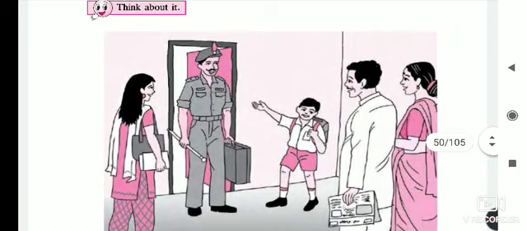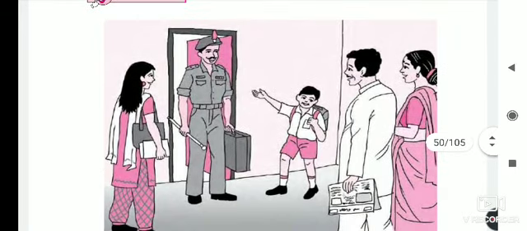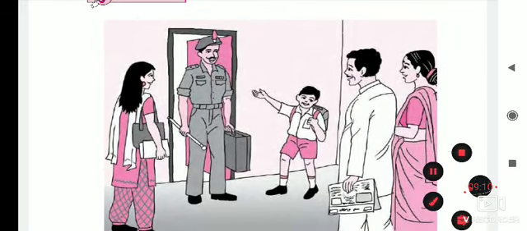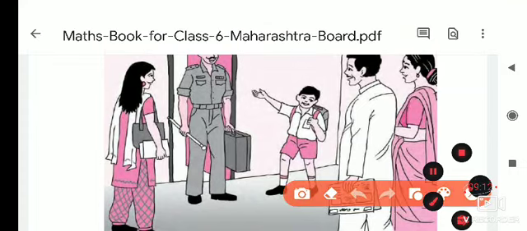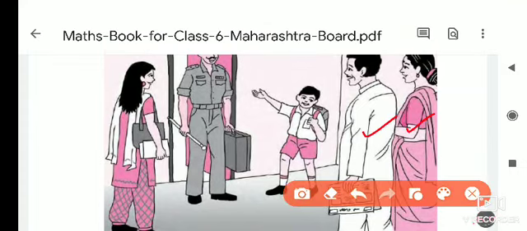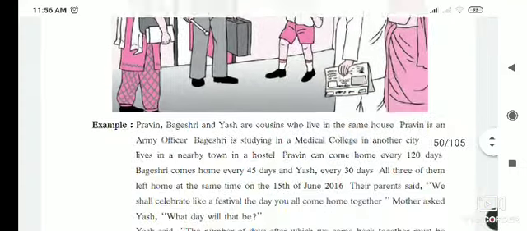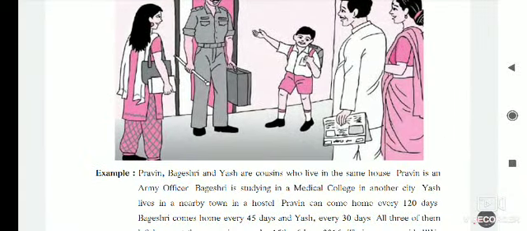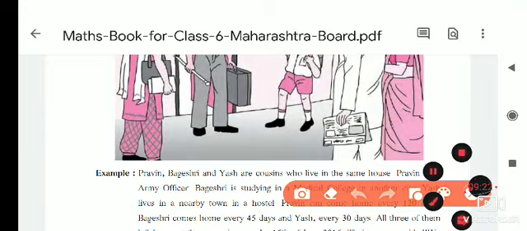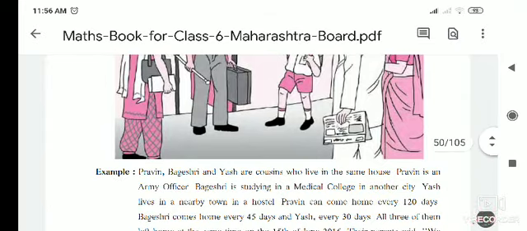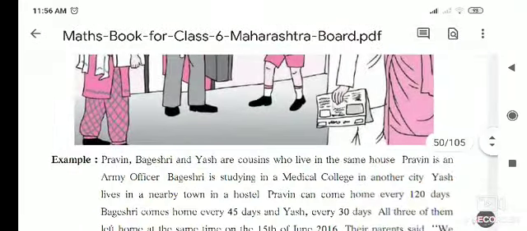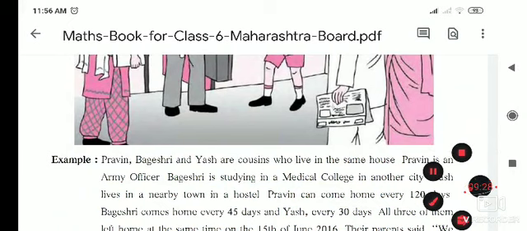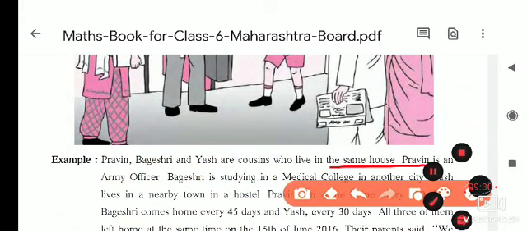Now here is the picture. If you see this picture, you will notice that some people are shown here, and their conversation is given downside. Praveen, Bhagyashri and Yash are cousins who live in the same house.